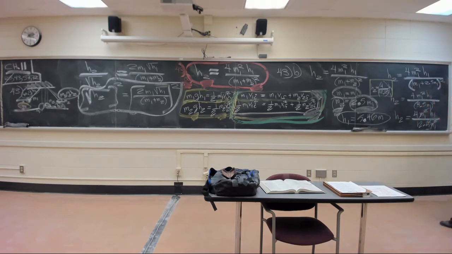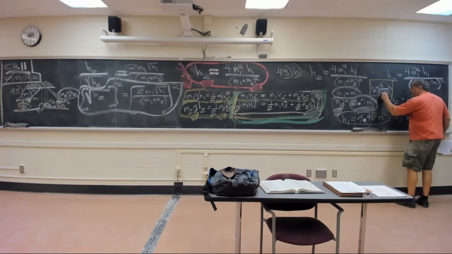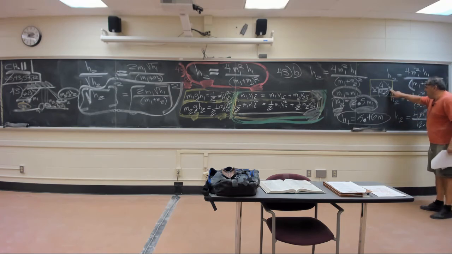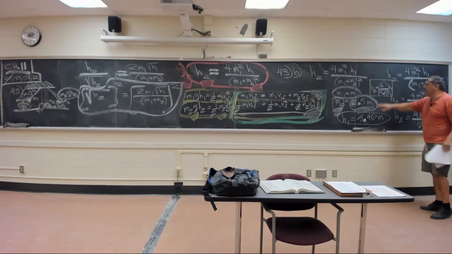Yeah, that's interesting. Again, we got the calculators, we got everything that we need. We're going to plug in what we need. H1 is 5.46 times the ratio 4 over 12.25. 4 over 12.25 times 5.46 is going to give me H2.